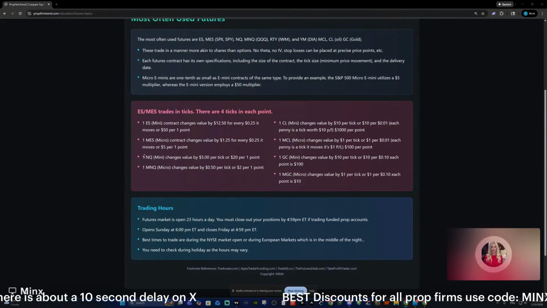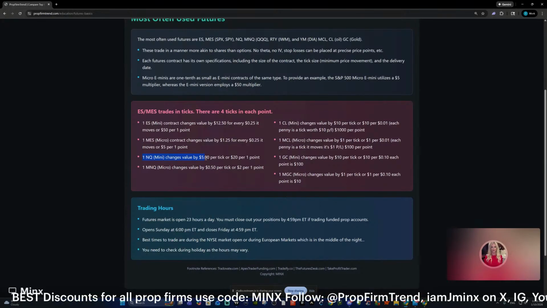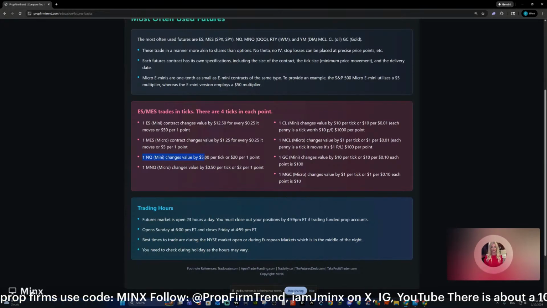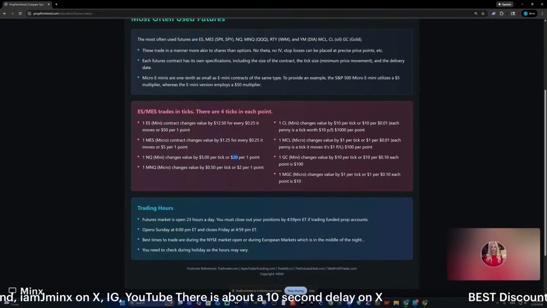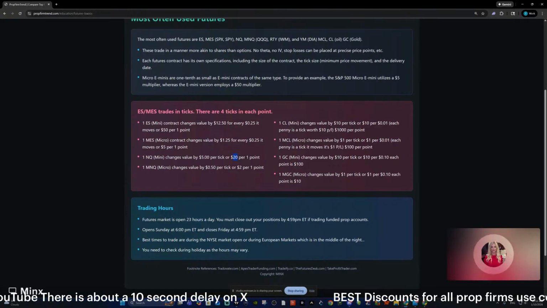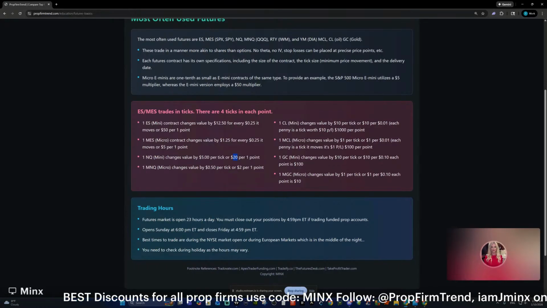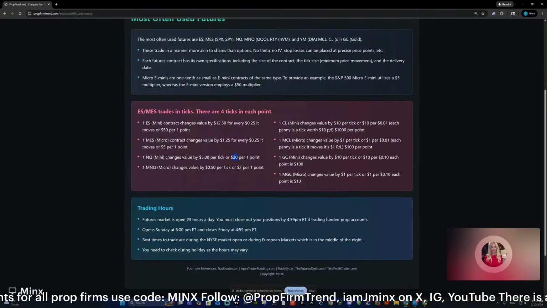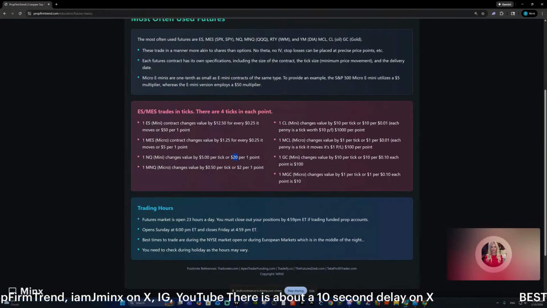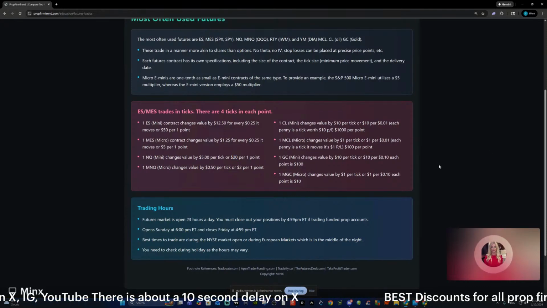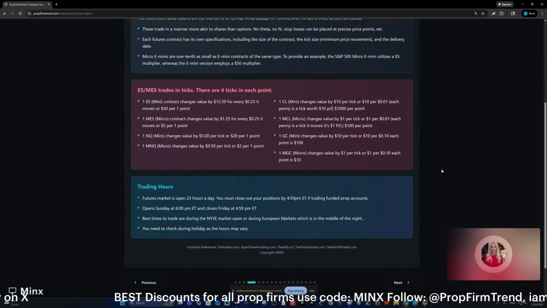If NQ is at 27,000 and it goes from 27,000 to 27,001, that 1 point is 20 bucks. And a lot of people that trade options and futures, if they have dated options a couple of months out, they trade futures more on a day trade or scalping basis while their options are marinating.